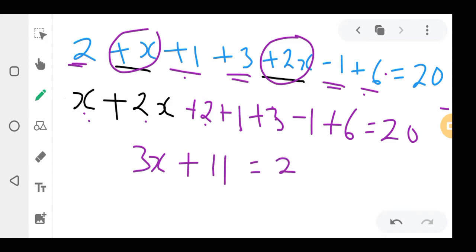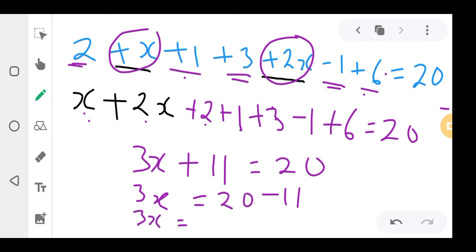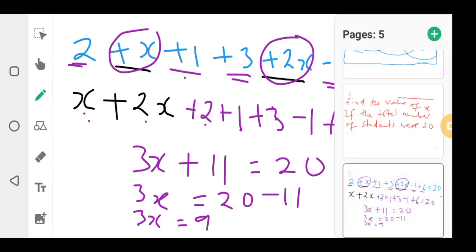So 3x plus 11 is equal to 20. 11 goes that side, so 3x is equal to 20 minus 11, which is 9.